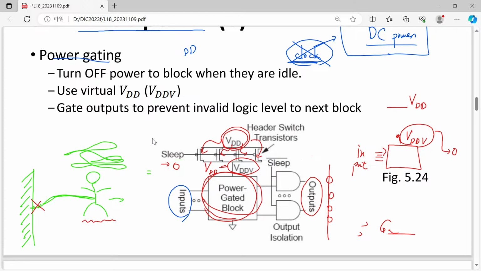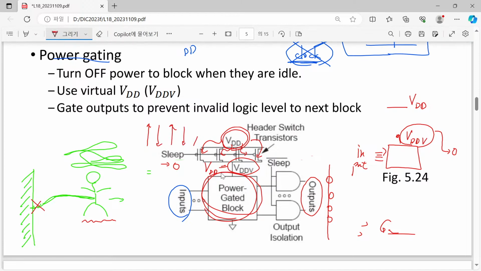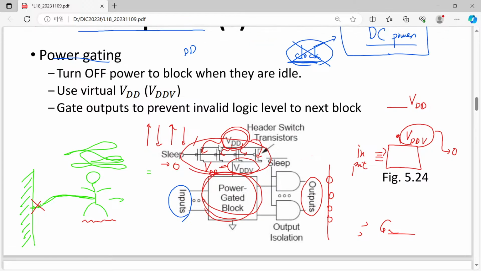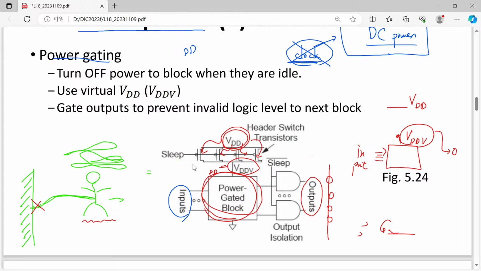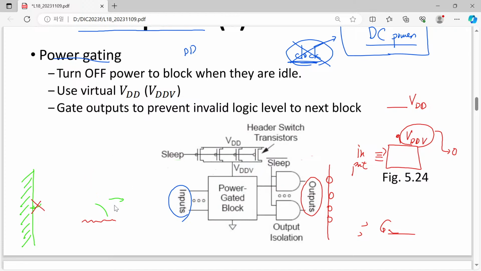So if you frequently go to sleep and wake up, sleep, wake up, sleep, wake up, then actually this should spend a lot of switching power. If that is a huge quantity, then the benefit from this power gating scheme will be lost. Okay. That is one thing.